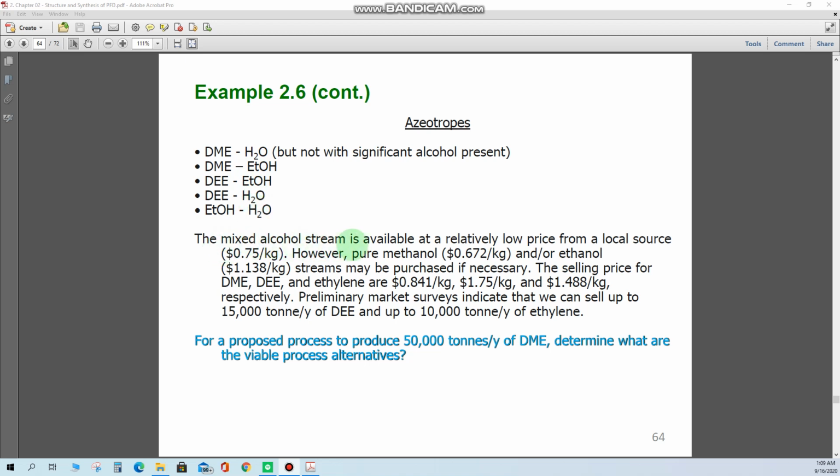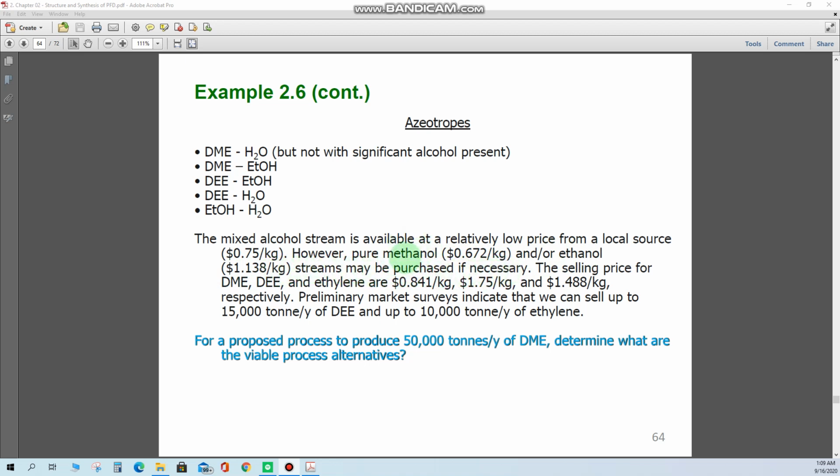The mixed alcohol stream is available at relatively low price from a local source, 0.75 per kg. So the cost of the mixed alcohol stream is 0.75 dollars per kg. However, pure methanol, at $0.672 per kg, and ethanol, at $1.138 per kg, streams may be purchased if necessary.